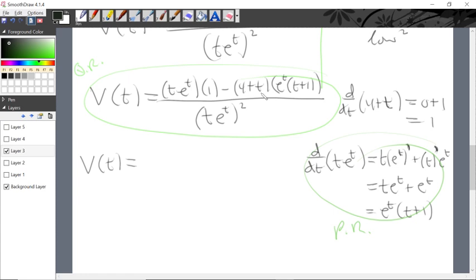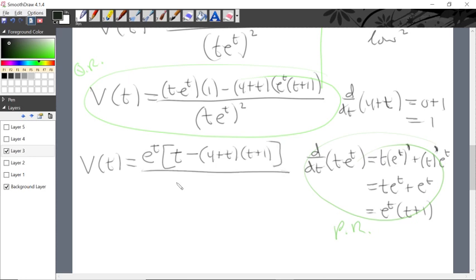Okay, now let's clean up the numerator a bit. We can factor out from the numerator. It looks like we have a t and an e to the t here. We have e to the t over here, so we can factor out e to the t from both of those. Then in the first term, that leaves us with t, and then minus, and now we have the quantity 4 plus t, and we have the quantity t plus 1. So 4 plus t, t plus 1.